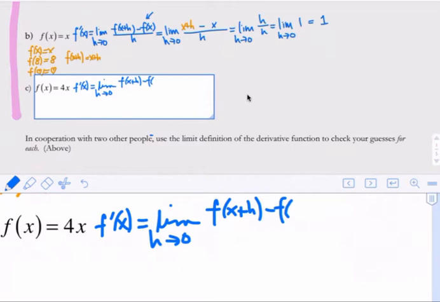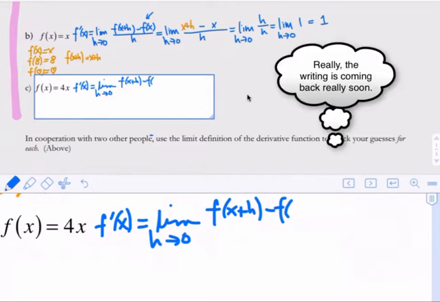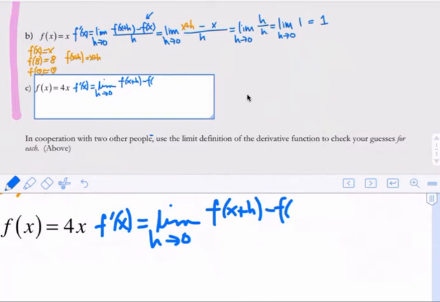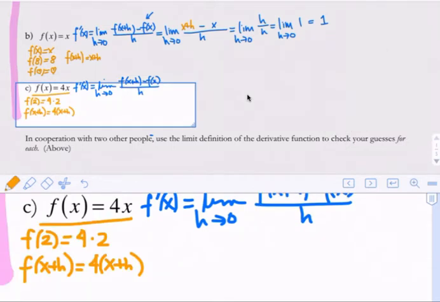If f of x is equal to 4x, you can put anything in there, like f of 2 would equal 4 times 2, and f of x plus h would equal 4 times x plus h. Some people find this helpful to write out. Some people don't need to. You will find what works for you and helps you be the most accurate.